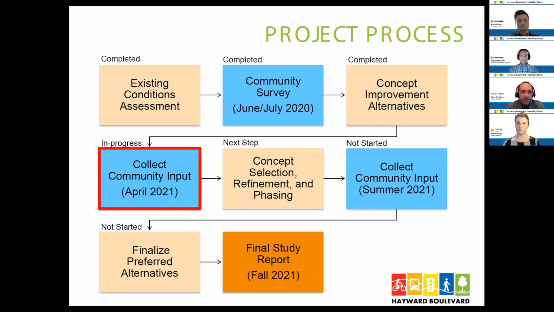So this isn't the end of the process here by any stretch, certainly not today, certainly not in the next outreach round in a couple months. There's a little ways to go, but it's really important at this stage of the engagement to hear from the community and understand what the priorities are and what the most important items are to include for those future planning and project development efforts. Next slide.